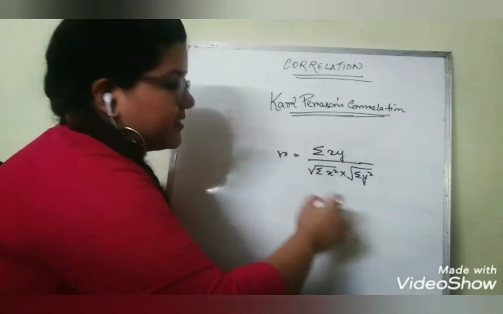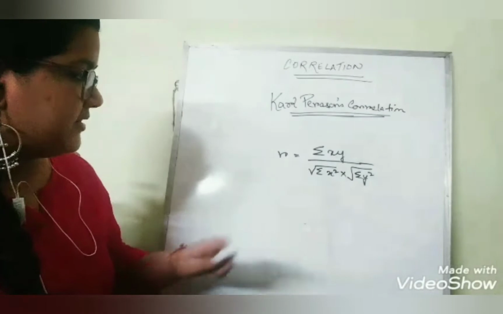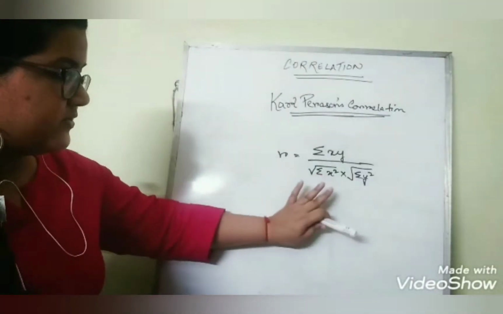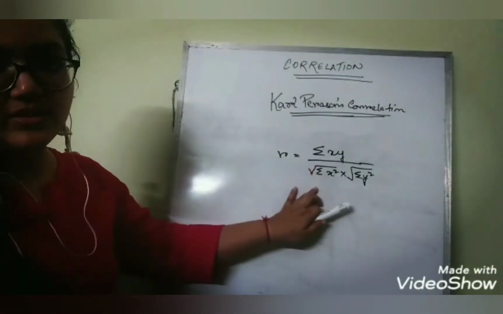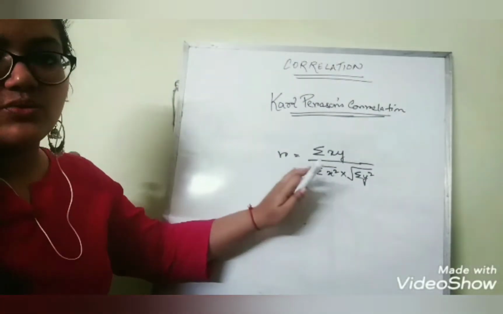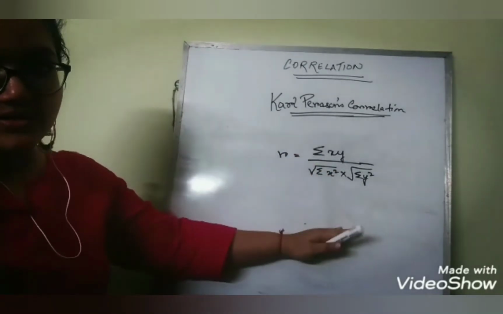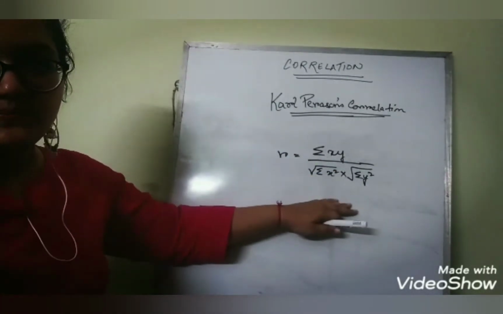Now this is the basic formula of R, and if your standard deviation and all is not given, so we are going to follow this formula. If nothing is given, if only x and y and the numbers of the x and y are given in the question, so we will be following this formula. Clear?